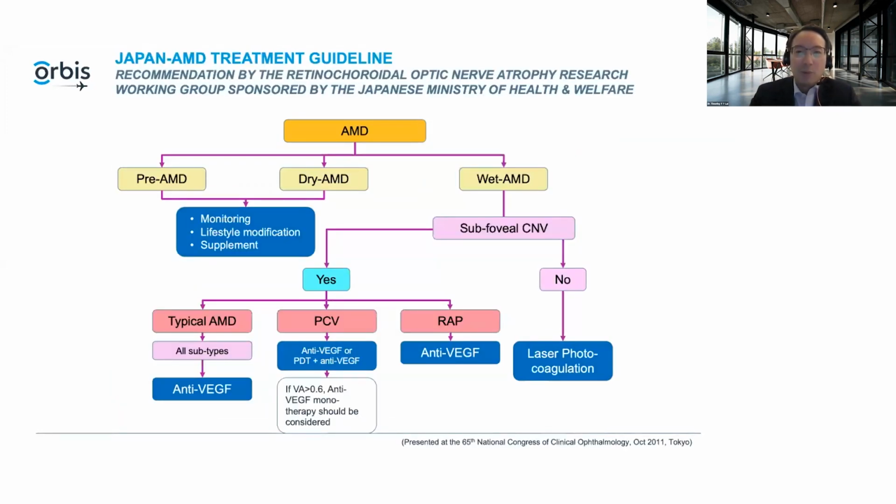So at the moment, if you look at the Japanese study, they still recommend either for PCV cases, you can still do anti-VEGF monotherapy or use a combination of PDT plus anti-VEGF. But if the patient's vision is relatively good, they use 0.6 as the cutoff, then anti-VEGF monotherapy should be considered instead of combination therapy.